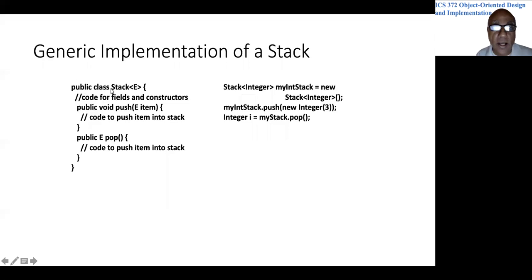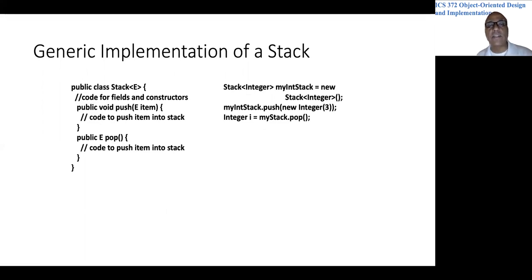Instead, we write class Stack, and then in angle brackets, put in a type, E. And when we write push, we are putting E as the type, not object. This E will be specified when we instantiate the stack. When we pop, we get E. What is that E going to be? That is left unspecified here.